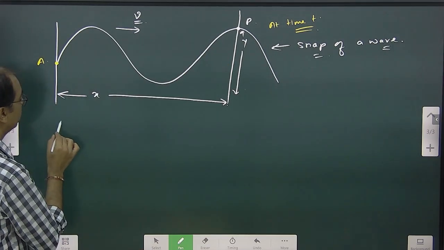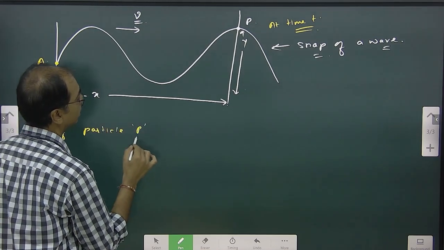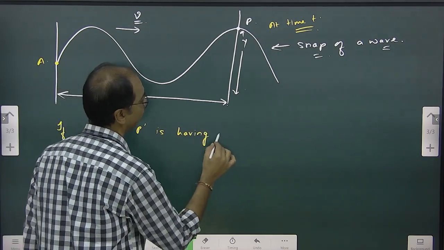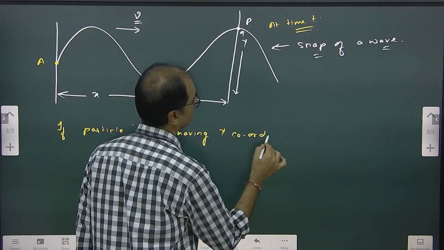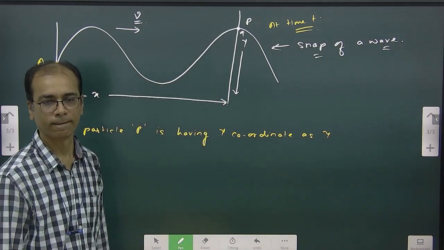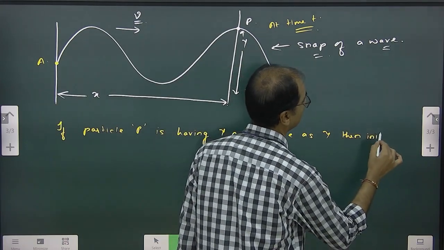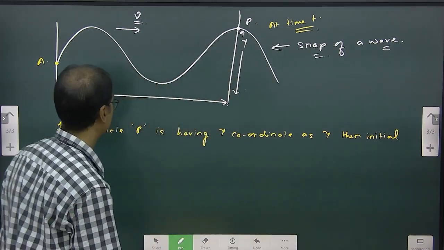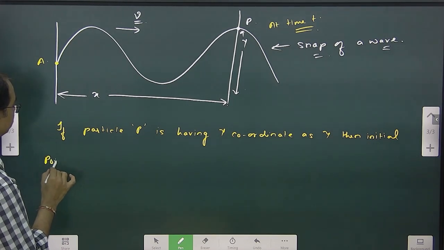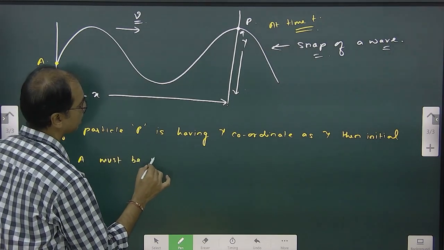So we'll say if particle P is having y coordinate as y, then the initial point A must be in the same position.